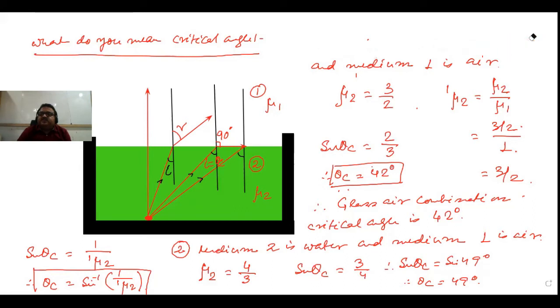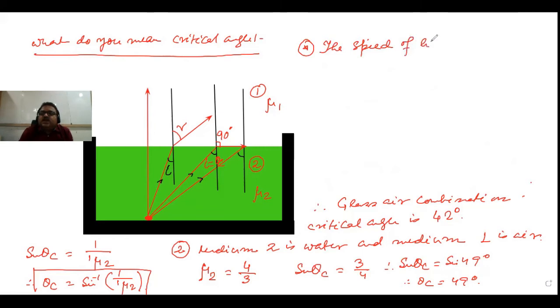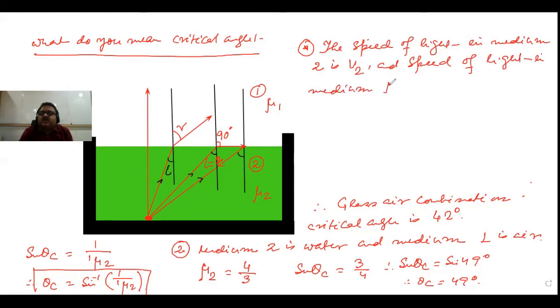Suppose it is given the speed of light in medium 2 is v2, and speed of light in medium 1 is v1, and v1 is greater than v2.